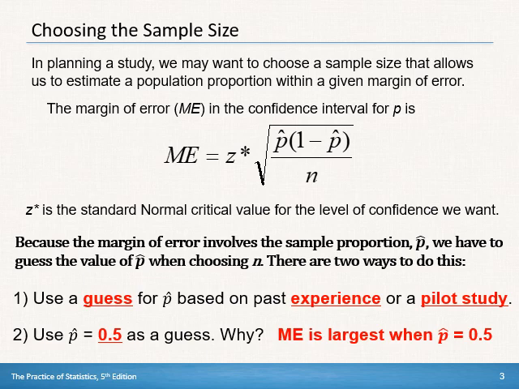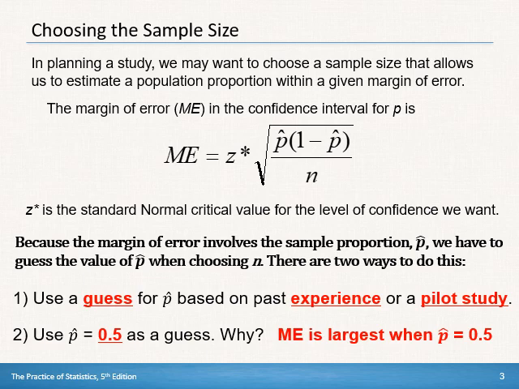If we use, say, 0.3 and 0.7, where p hat is 0.3 and 1 minus p hat is 0.7, that product is actually going to be smaller, right? So a p hat of 0.5 will give us the largest margin of error. If we set that up first, then we'll never have a margin of error larger than what we wanted.